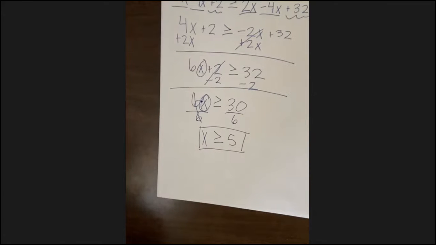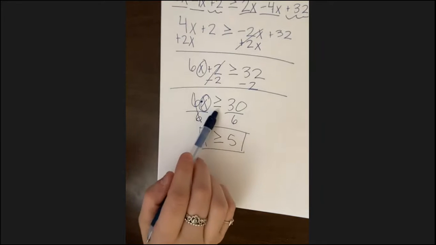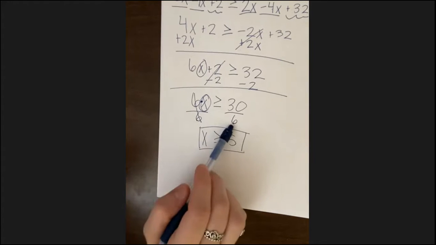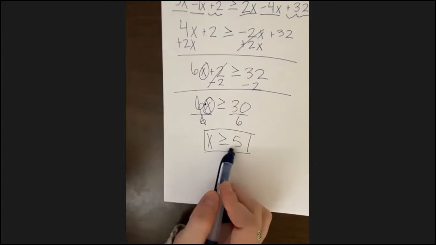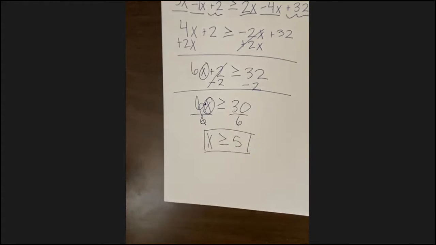What number could I put in here that would make that true? Okay. Someone said 6. The sign doesn't flip this time because we divided by a positive number. If that was a -6, then we would have flipped it, but it's a positive, so we don't.